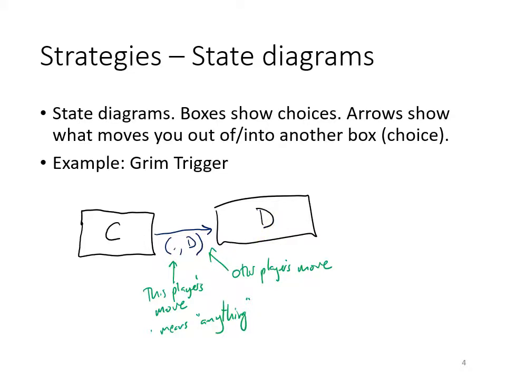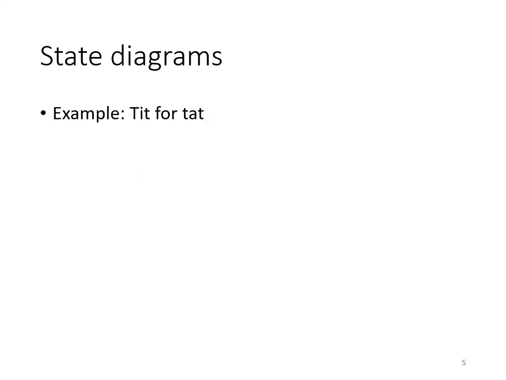So let's look at another one. Tit for tat. Similarly, tit for tat starts cooperate. And the exit is when the other person defects. Okay.